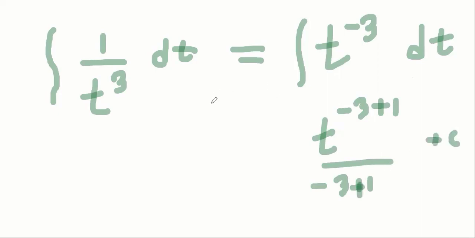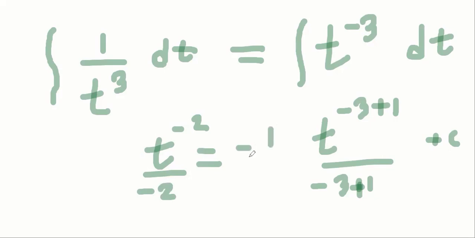So if you solve this, it becomes t to the power minus 2 by minus 2. और इसको सिंप्लीफाई करना है तो minus 1 by 2 t square and plus c. That's it.